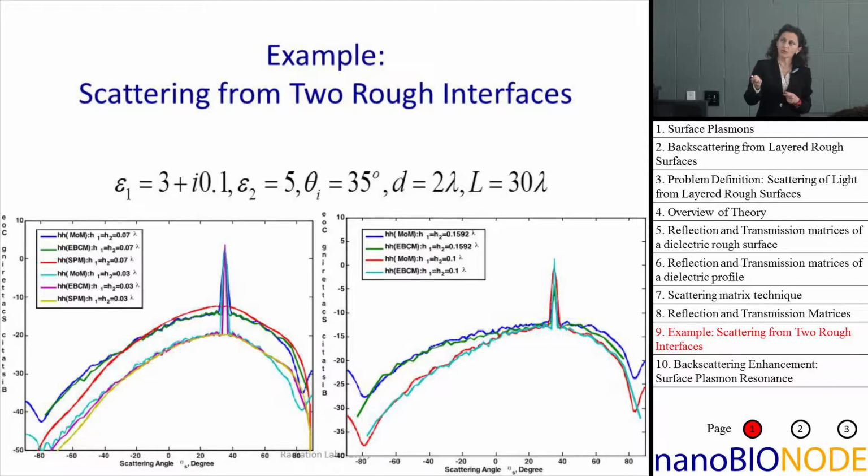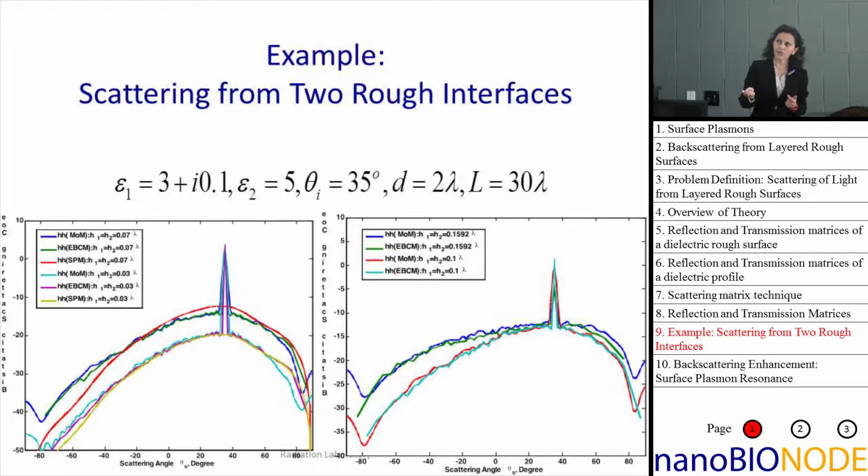I've given you the dielectric constants for the two layers, the incidence angle, and the separation between the layers. The parameters are completely arbitrary. You could just pick and choose whatever you want. The idea here is this. Let's say the incidence angle is 35 degrees, so the wave is coming from basically right here somewhere.